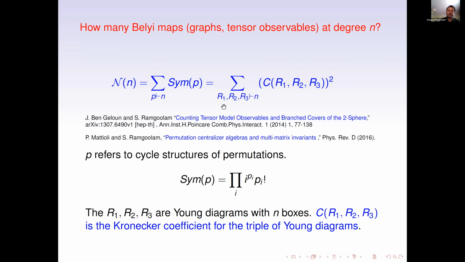Another formula sums over triples of Young diagrams, and the weight for each triple is the Kronecker coefficient: the number of times this representation of Sn tensor this one contains the trivial representation of Sn. The square of that number appears as the weight, so there are two formulae for the dimension of that algebra.